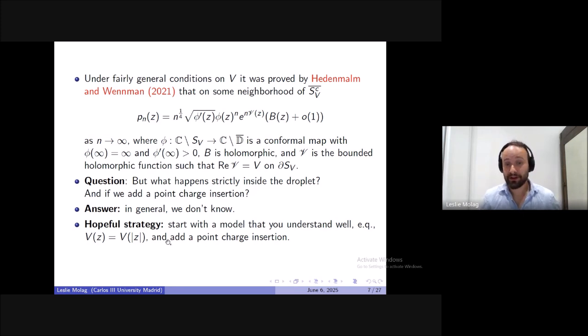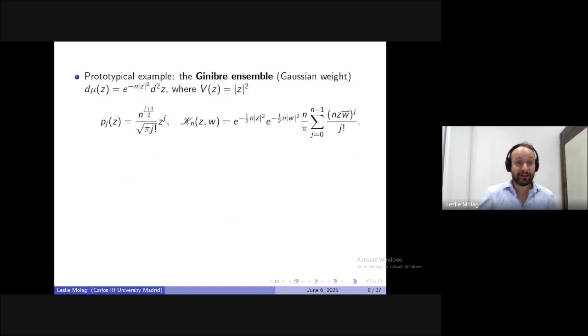For example, the droplet is still the same if you add a point charge insertion. And the limiting density of the average number of points is also the same. So this is exactly what several researchers did for the Ginibre ensemble.